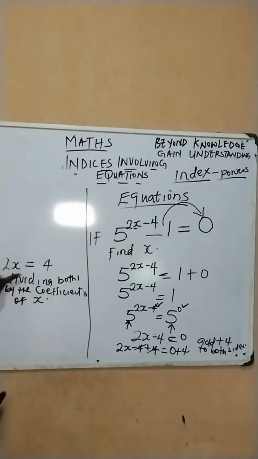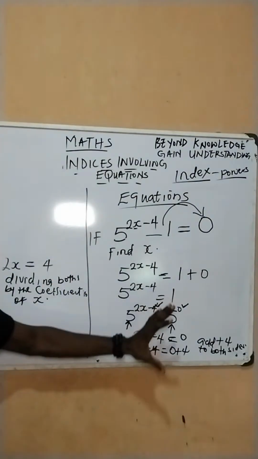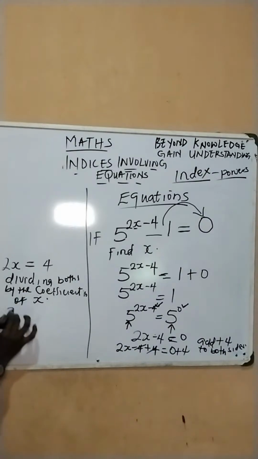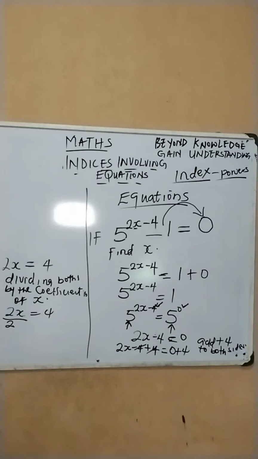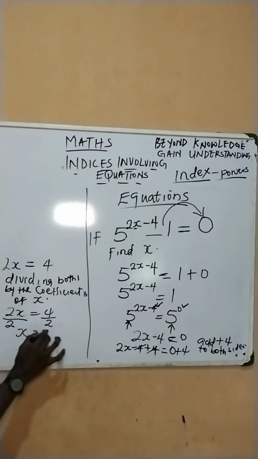Why we are dividing both sides is because I'm reiterating what is on the left hand side. Because of the equality sign here, what you do for the left hand side, you equally do for the right hand side. So this is going to be 2x equals to 4. Divide here by 2, because 2 is the coefficient of the x here, and also divide here by your 2, so that your x here is equals to 2.